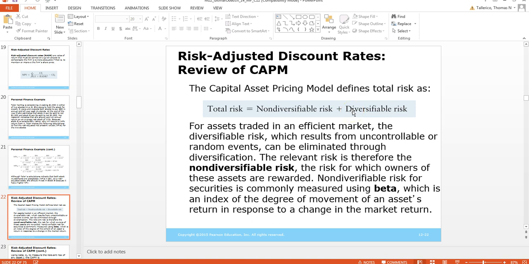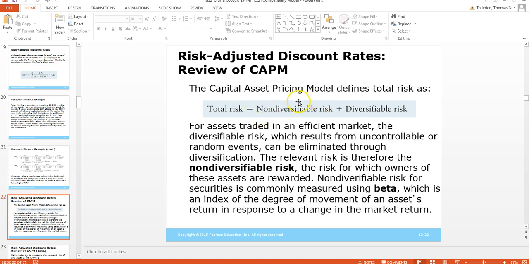Okay, so the diversifiable risk is what you can get rid of by investing in a lot of stocks or a lot of something, right? You always hear them say, don't put all your eggs in one basket. You're diversified. Okay, non-diversifiable is things that happen in the economy that you have no control over, right?